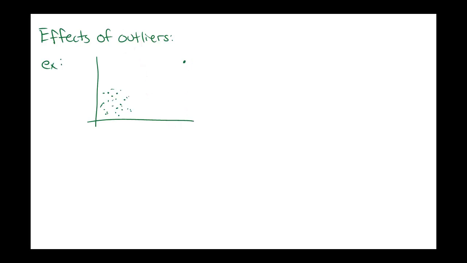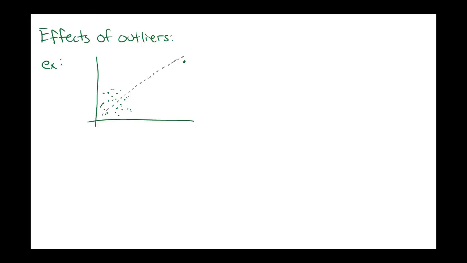Now if you think about what would happen if we did a regression on this, because we have sort of this implied line through the center, this outlier out here is sort of giving us the impression that this data is somewhat correlated. So this data set would have not necessarily a high R value, but an R value that suggests some amount of correlation.